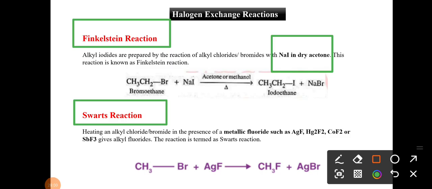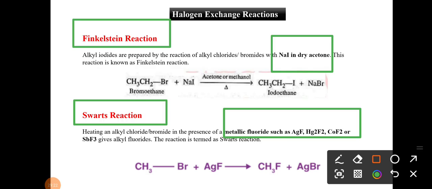Similarly, in the Swarts reaction, an alkyl chloride or bromide is heated in the presence of a metallic fluoride. Here the reagents are different, right? Metallic fluorides such as silver fluoride, Hg2F2 (mercurous fluoride), CoF2 or SbF3. These also give the simple alkyl fluorides.